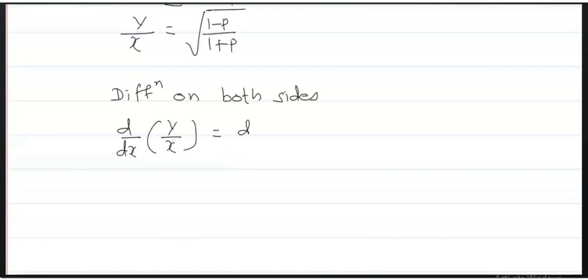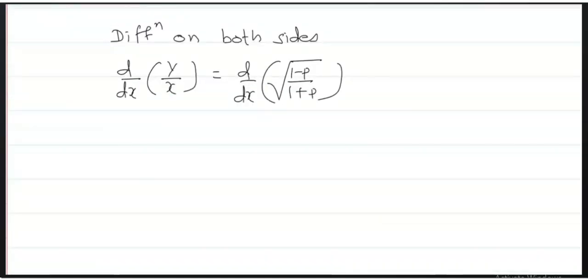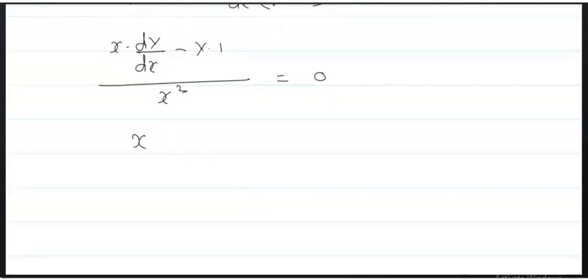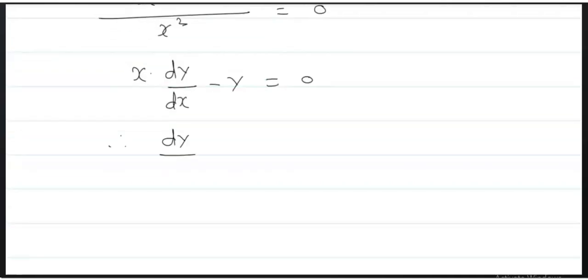That is the d/dx of y upon x. The root of this constant term, the root of (1 minus p) upon (1 plus p), that is 0. Therefore, x into dy by dx minus y is equal to 0. Therefore, dy by dx is equal to y upon x.